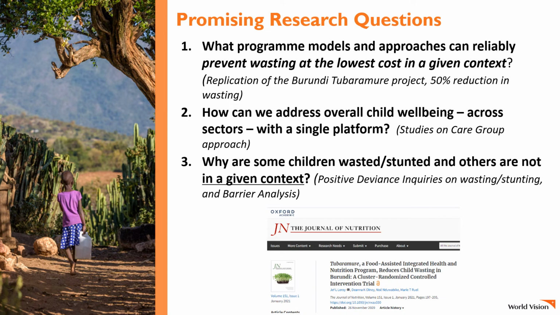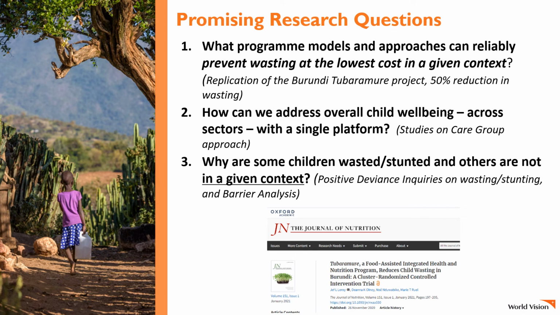And it's not that you will go to one community and find 2% wasting and another one nearby with 15% wasting. The greatest difference is between households and between cultural groups.